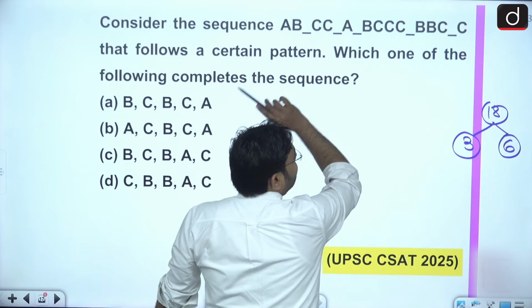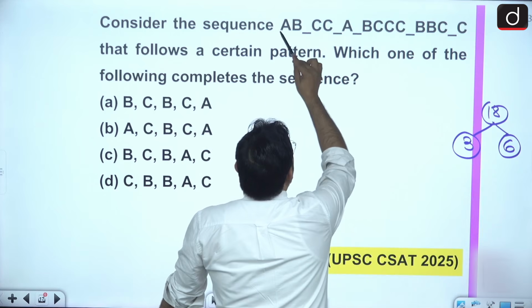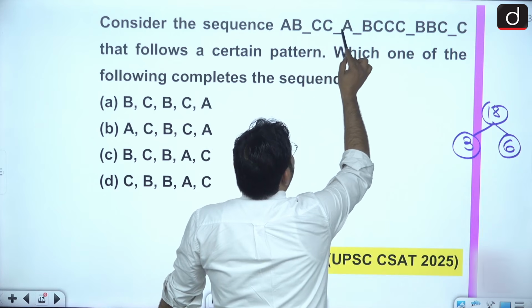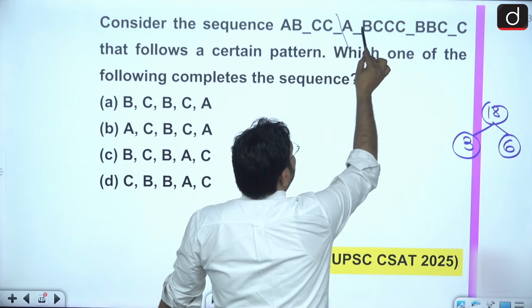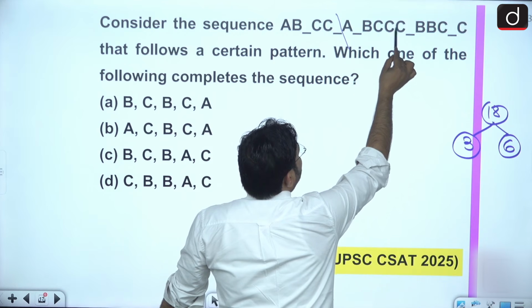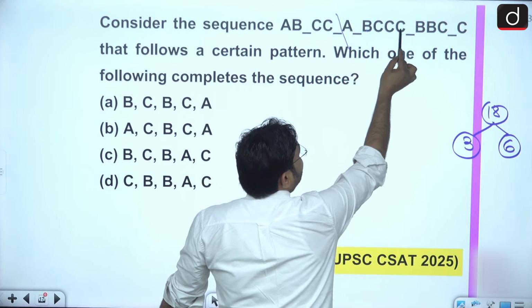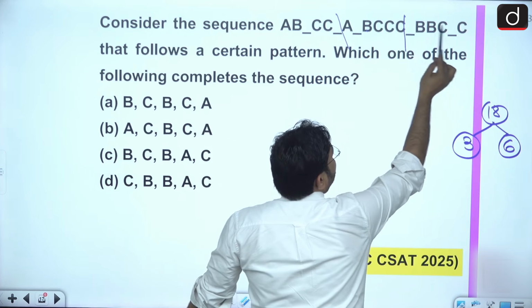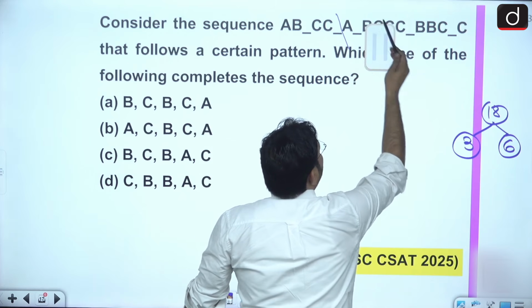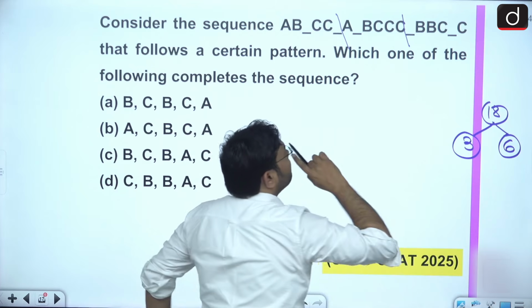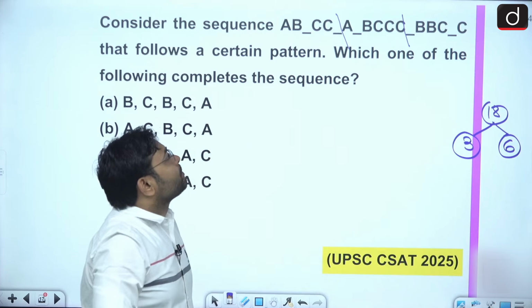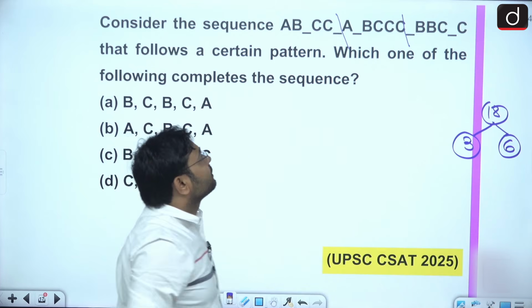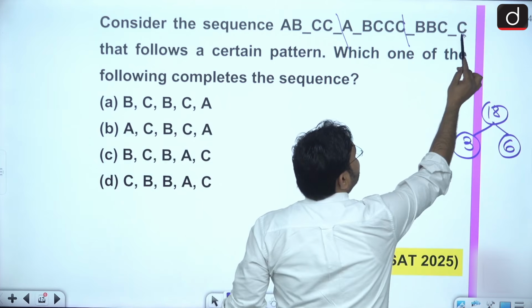So if this is 18, 1, 2, 3, 4, 5, 6, 1, 2, 3, 4, 5, 6, 1, 2, 3, 4, 5, 6. Then you have 3 pairs.